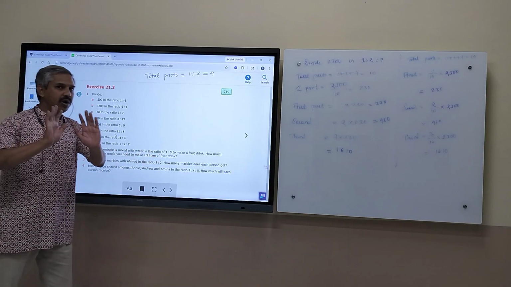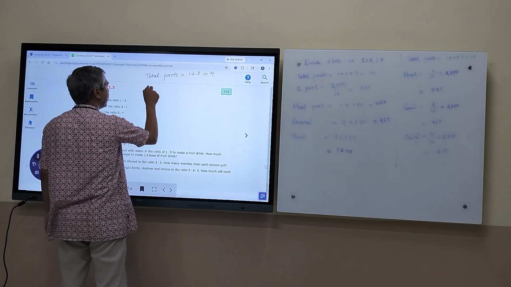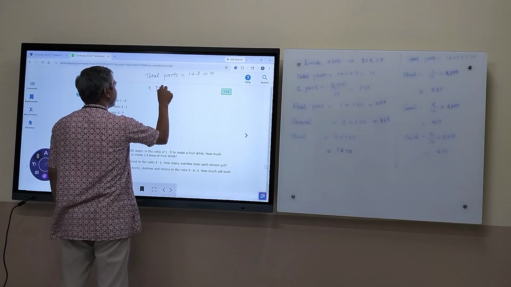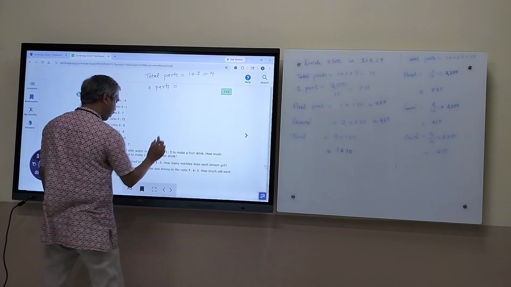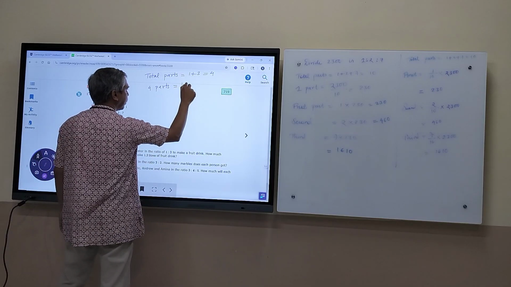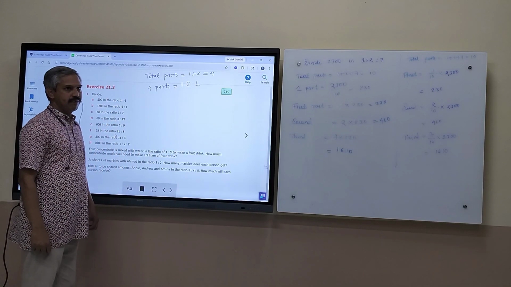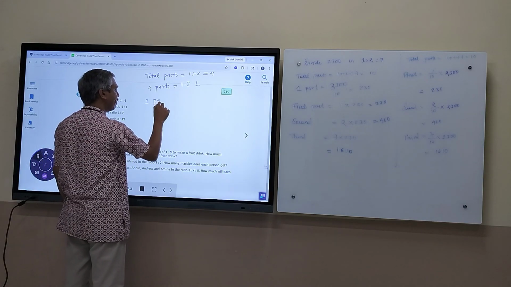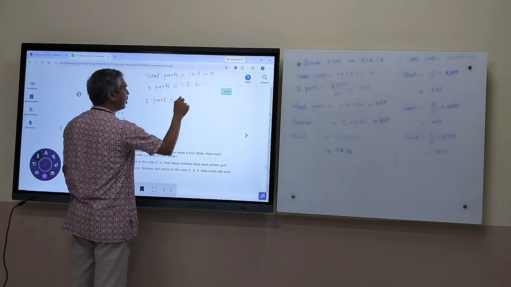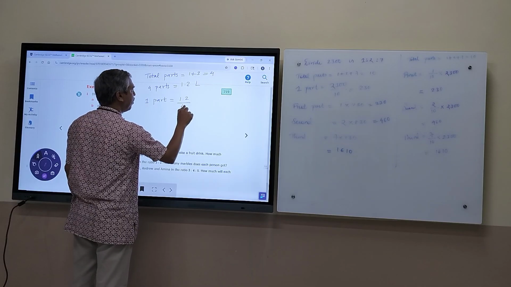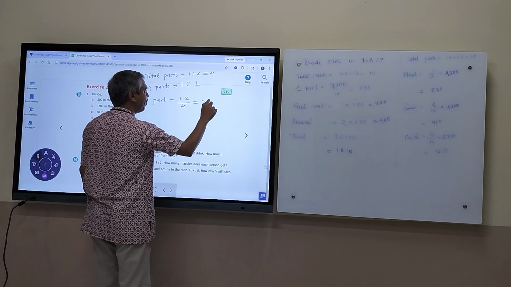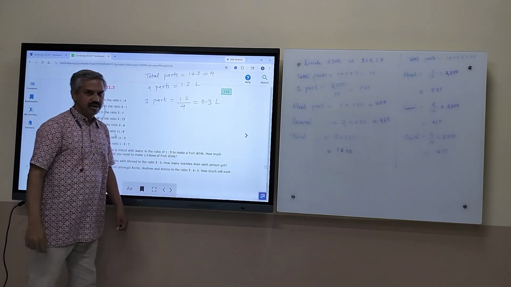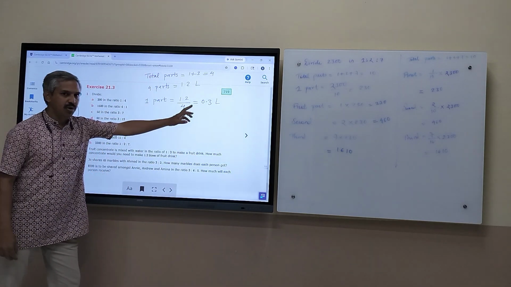That means the total fruit drink of 4 parts is equal to 1.2 liters. So we divide and we get 1 part is equal to 1.2 upon 4, that is equal to 0.3 liter. So 1 part is equal to 0.3 liter.